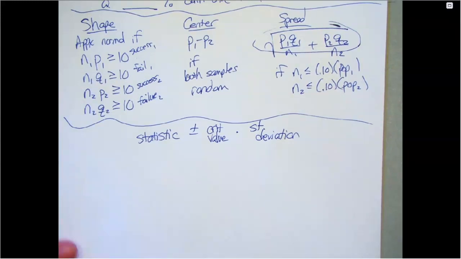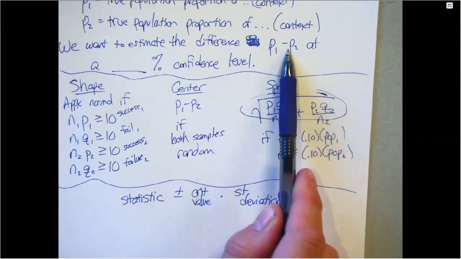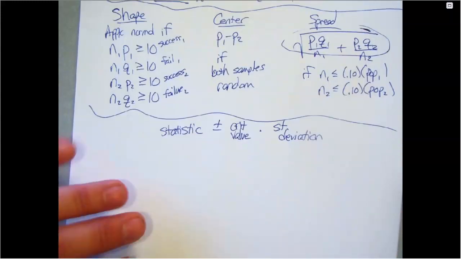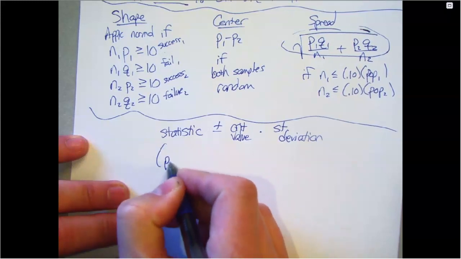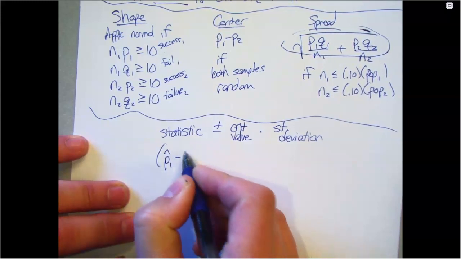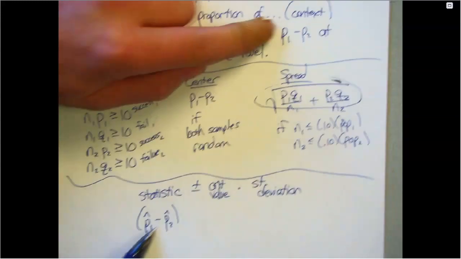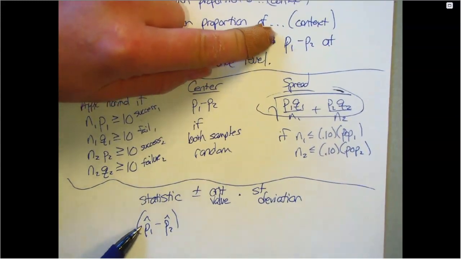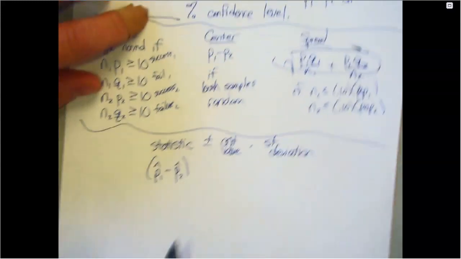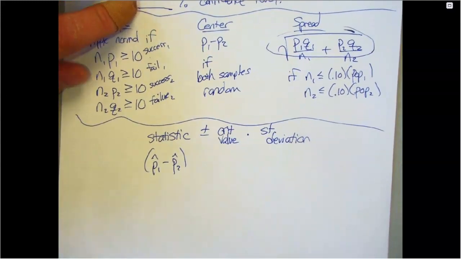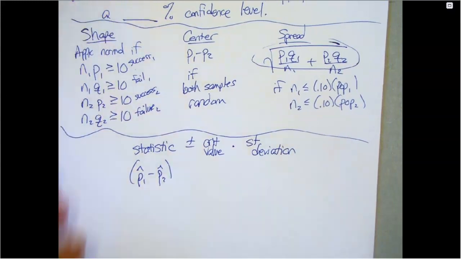And then the statistic is not P1 minus P2 because we don't actually know that. But it's P1 hat minus P2 hat. You just have to make sure that you do the same order that you said up top. So whatever you said like P hat minus PO there, say P hat minus PO there. You just need to have the same order.